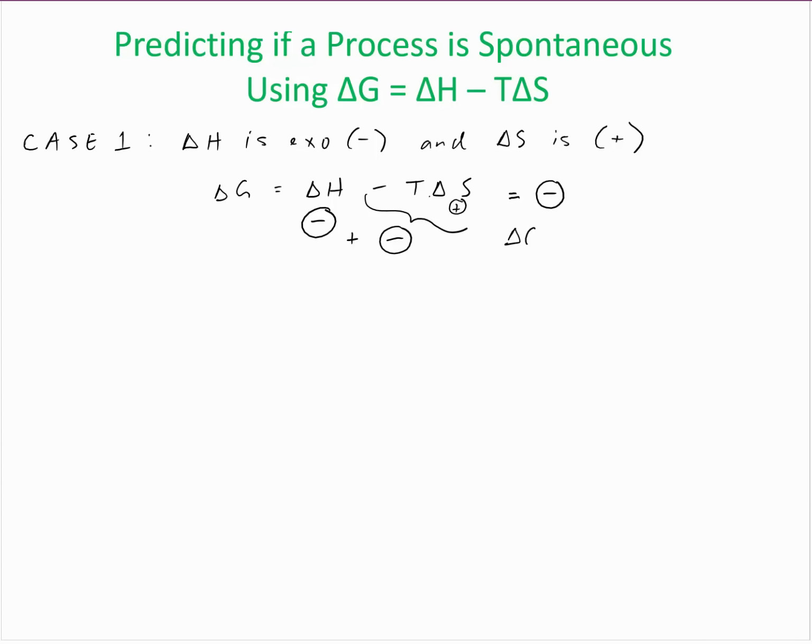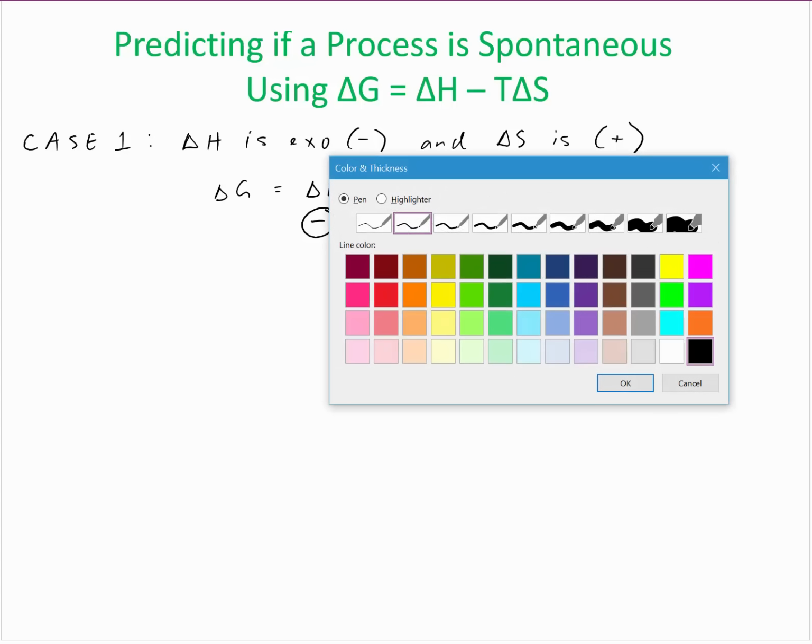If you have negative exo and positive entropy, then delta G will always be negative here. This will always be spontaneous, and spontaneous at any temperature.